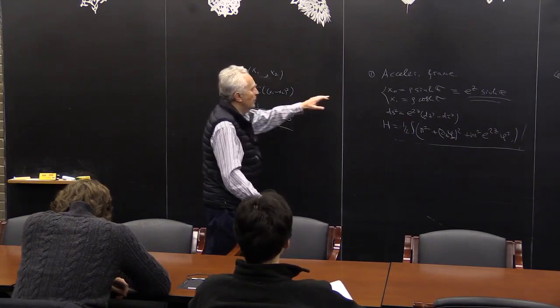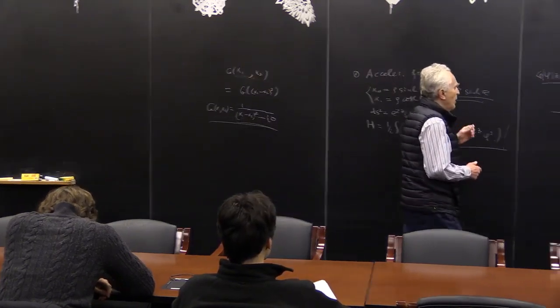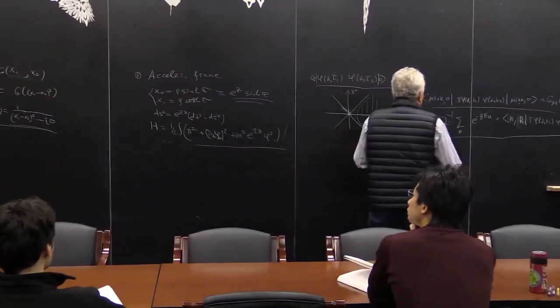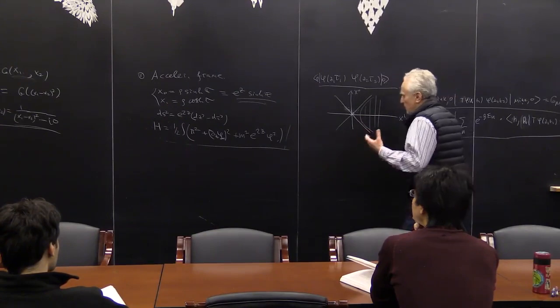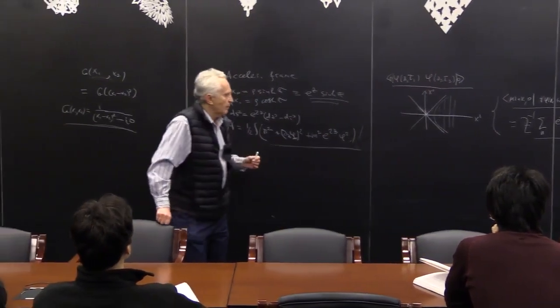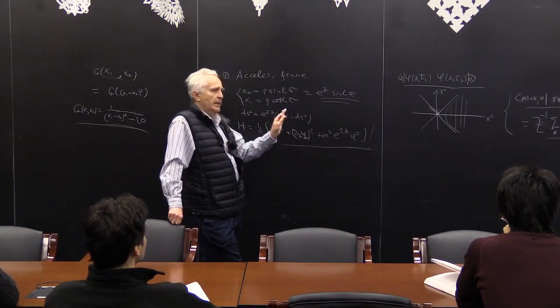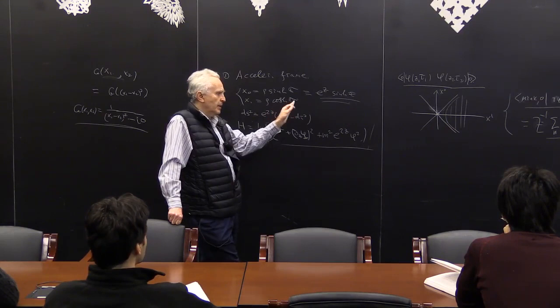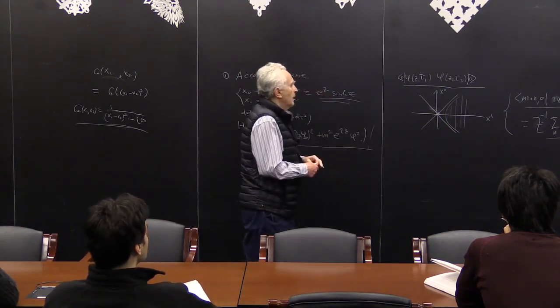What happens if you just plug in these coordinates? The main point is that the Green function we obtain in this way is actually periodic in imaginary time. And as I will explain in a moment, it means thermality.